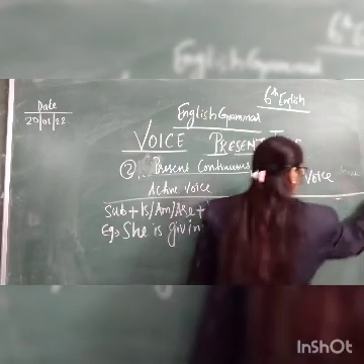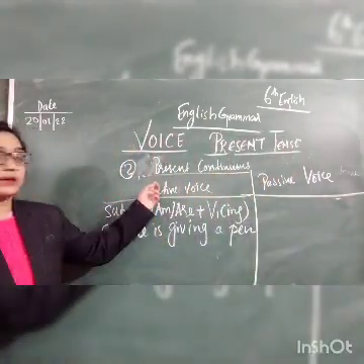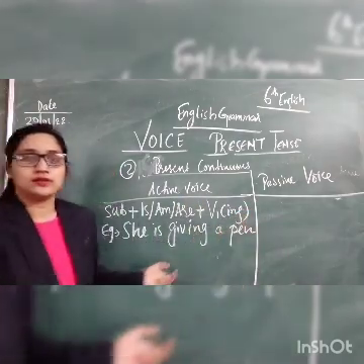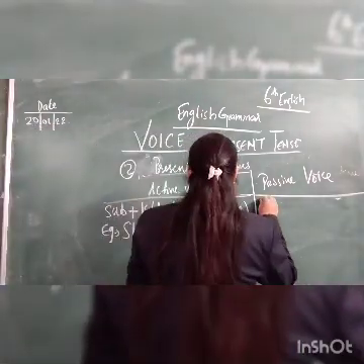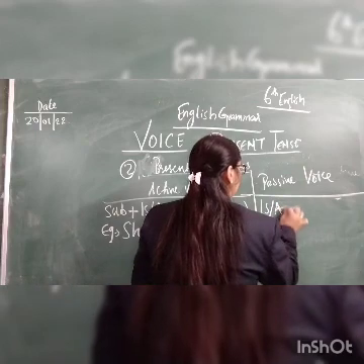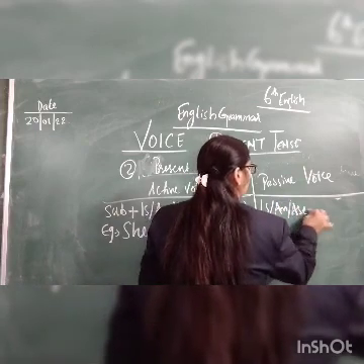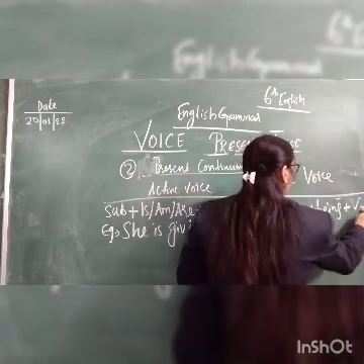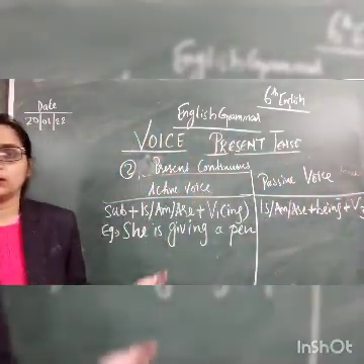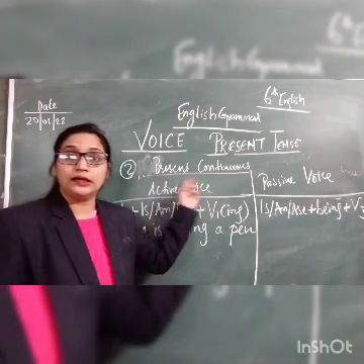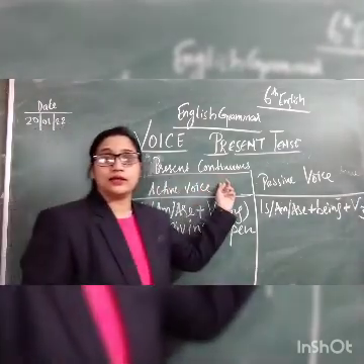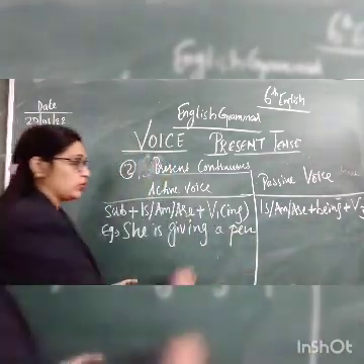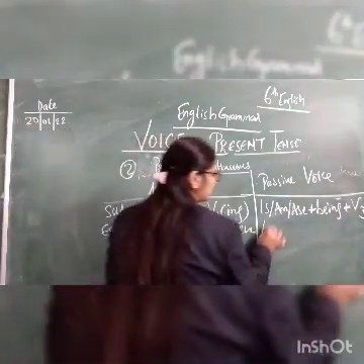So for changing this present continuous from active to passive, the structure will be is, am, are being plus verb third form. Remember in present continuous, being is used. Now same object takes the place of the subject.